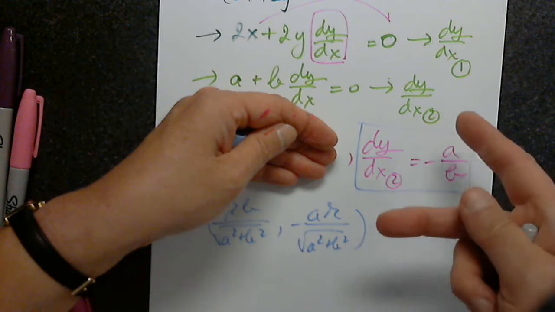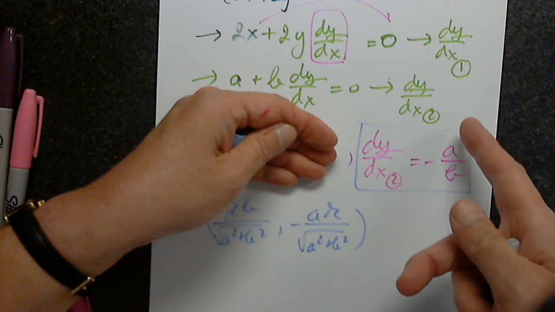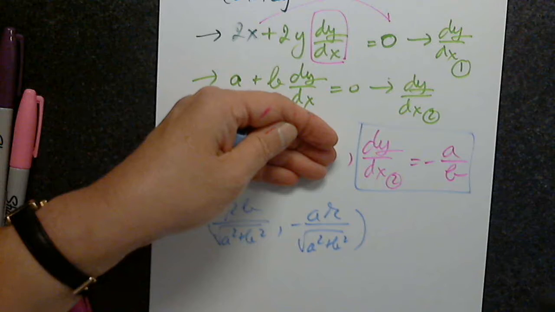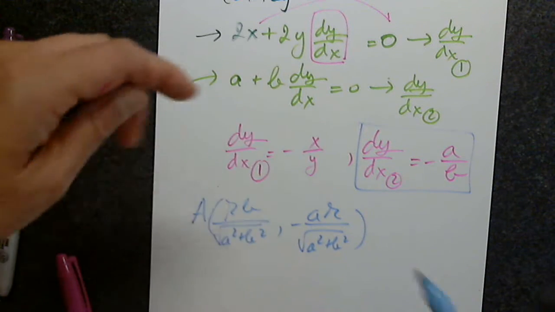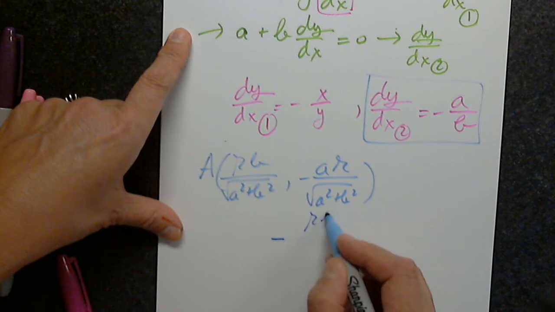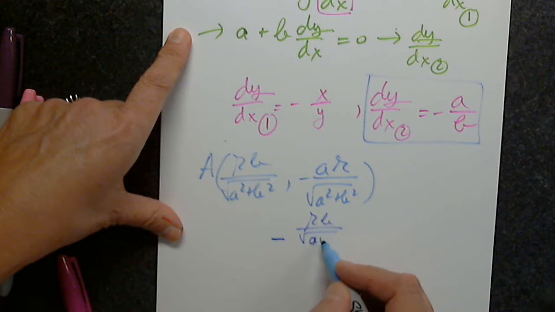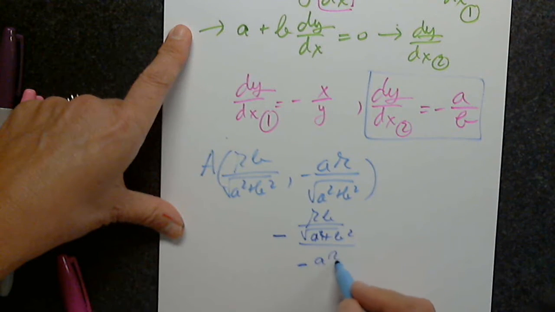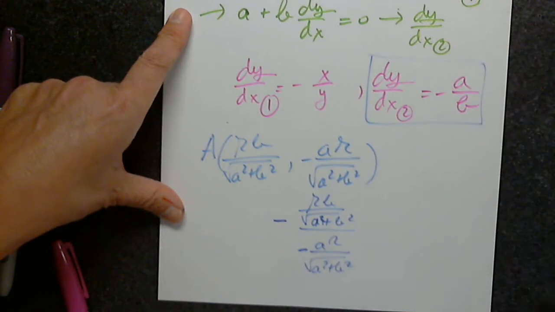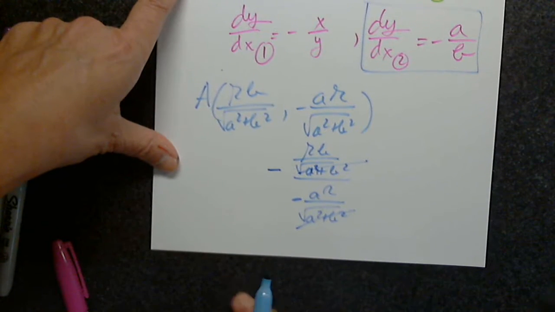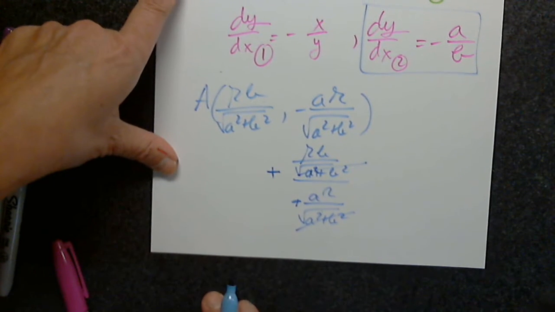What should I get in here? It should be b over a. If I don't get b over a times negative a over b, it's not going to be -1, right? So let's see. So negative, the numerator is this, rb over the square root of a squared plus b squared, over y, which is negative ar over the square root of a squared plus b squared. The denominators will go away. The negative with the negative will become positive.